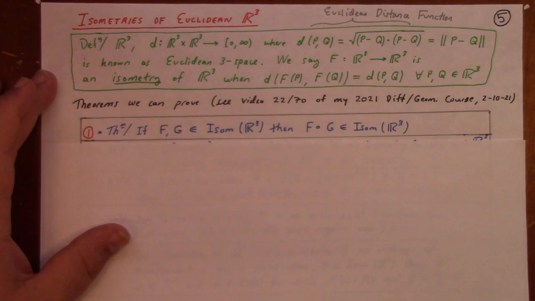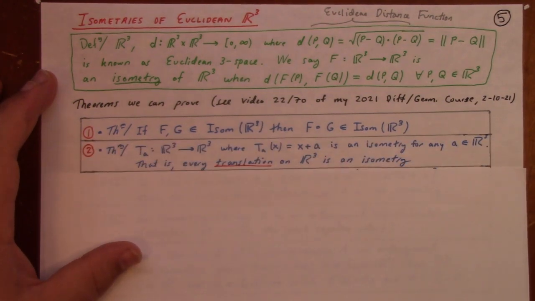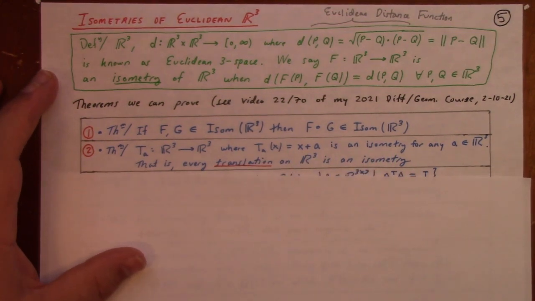So we proved the following theorems. If you have two isometries, the composite of the isometries is an isometry. Every translation on R3 is an isometry. What else can you prove?